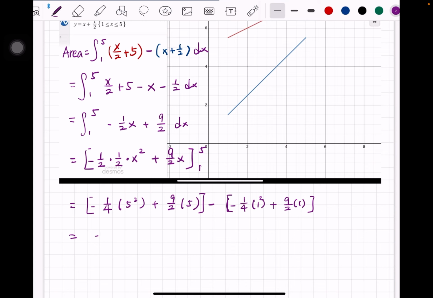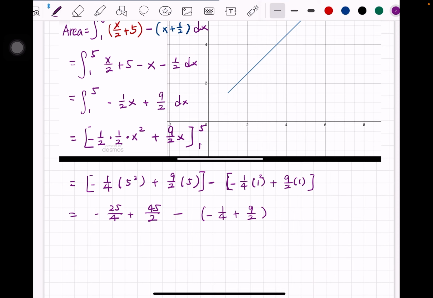Now we can simplify them. We got negative 25 over 4 plus 45 over 2 minus negative 1/4 plus 9 over 2.